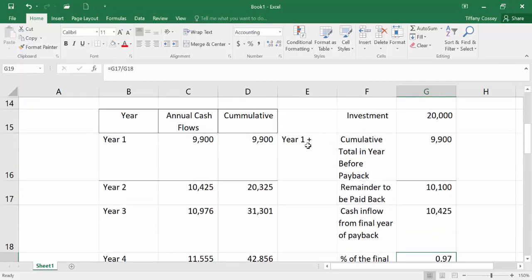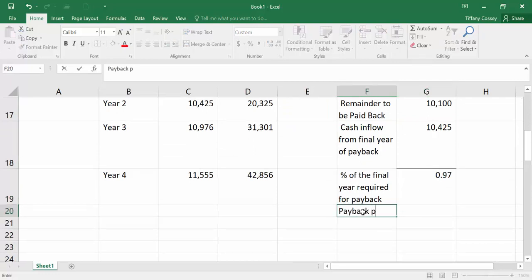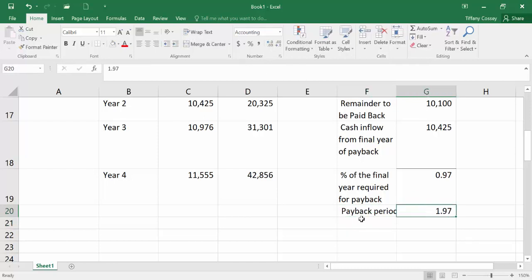So it's year one plus 0.97 of year two. So our payback period is 1.97. Now that is the undiscounted payback period.